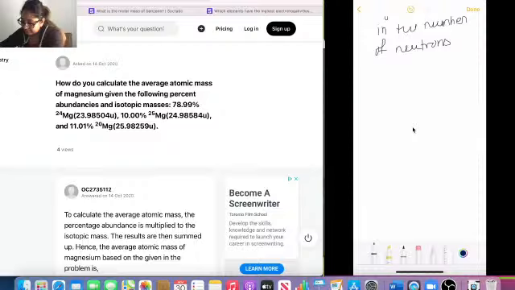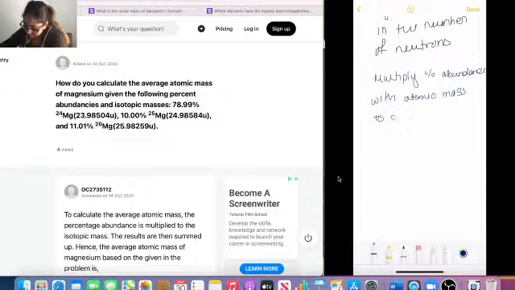The percent abundance, percentage is always out of 100. So we'll multiply percent abundance with atomic mass to get average atomic mass.